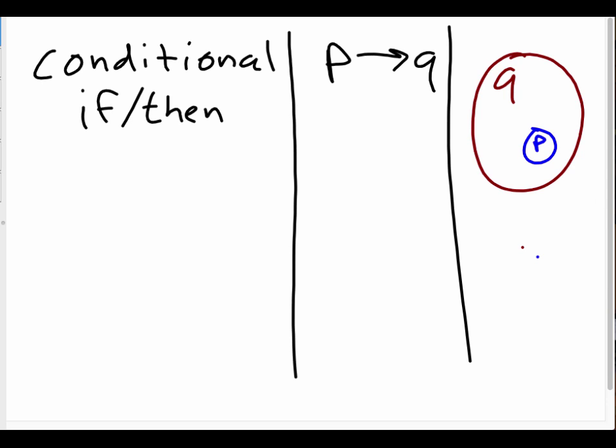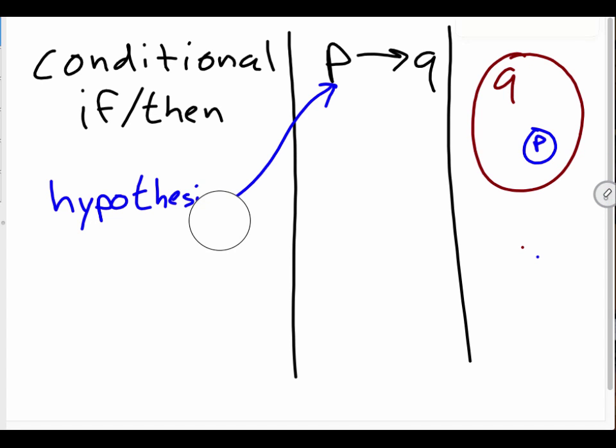P is always going to be what we call the hypothesis. And P is always referring to the statement if. That's the P part. So P is the statement, right?